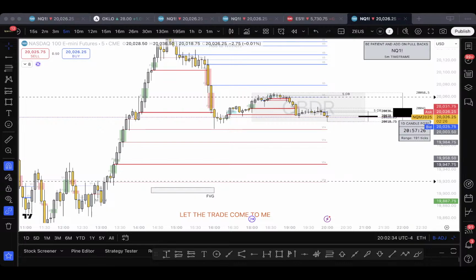Previous weekly low here at 19,345. Oops, that's high, not low.